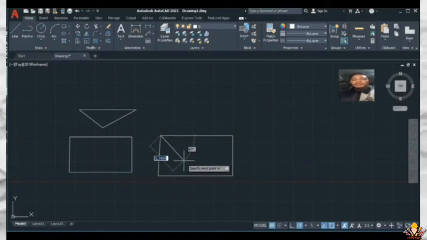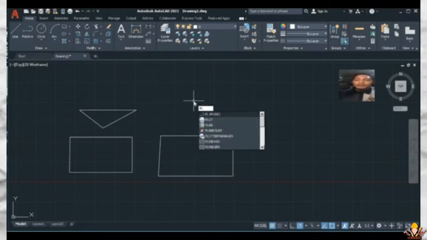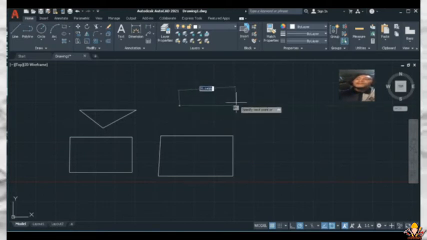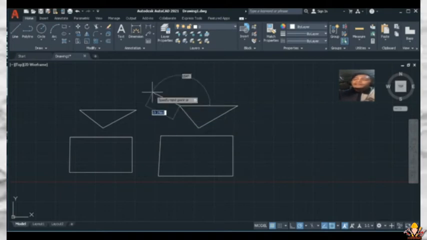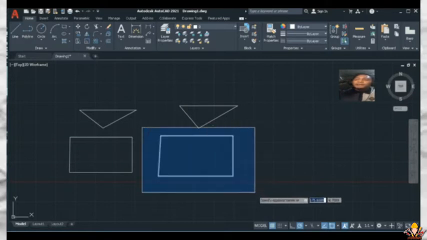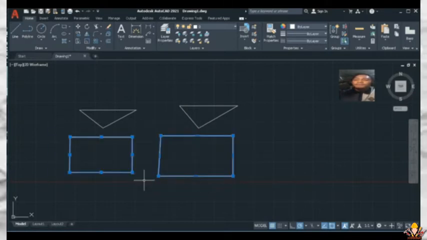And by the way guys, the shortcut for the pline command is just pressing PL on the keyboard and then press enter, and there you can use the polyline command. And some of you guys might be thinking that the polyline and the lines are just the same, but they are not, and you will see the difference between them later.